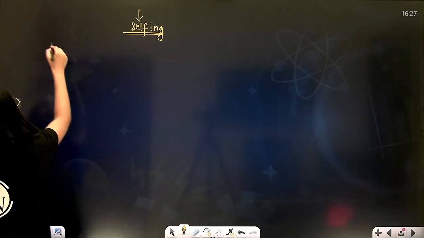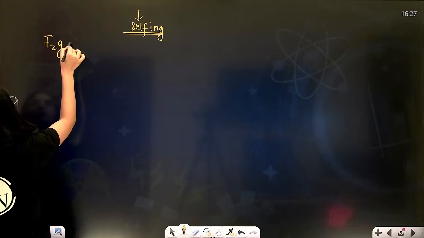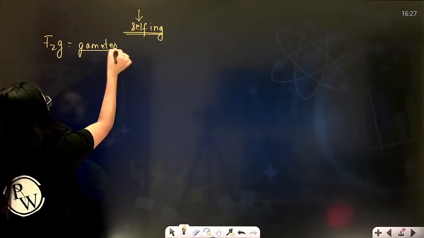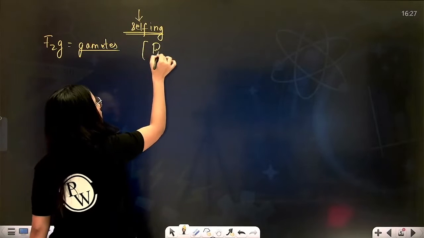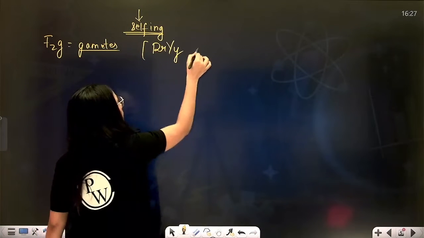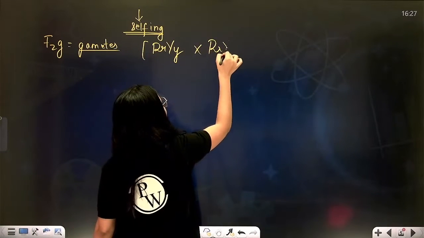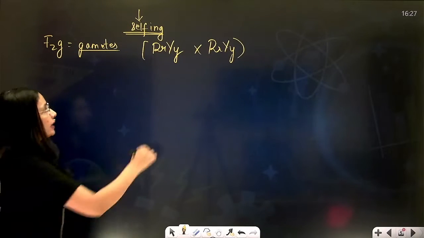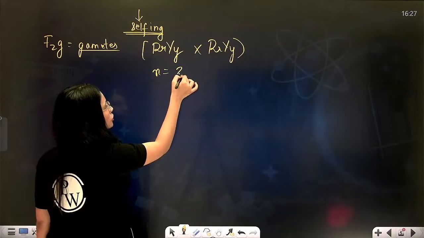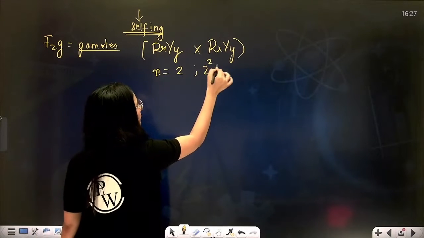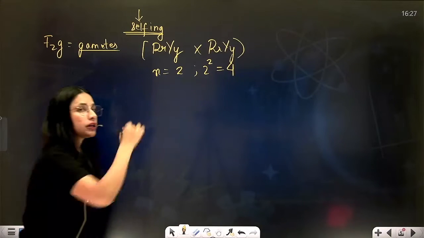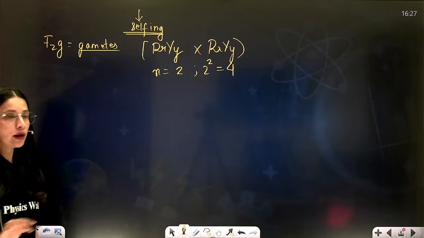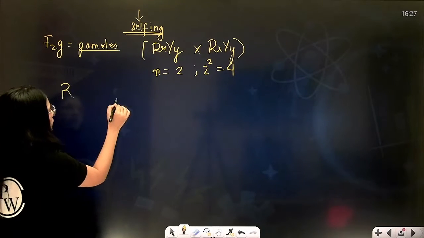Before that, we need to obtain gametes for the F2 generation. Now, what is the condition? Both the genes are present in heterozygous state. So the value of n over here will become 2, and 2 to the power 2 means 4 types of gametes will be obtained. And I think you can calculate the types of gametes.